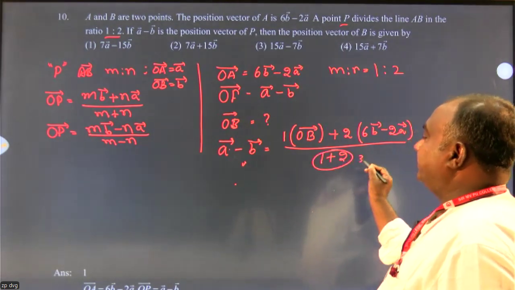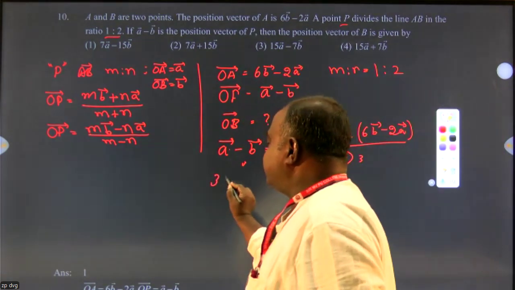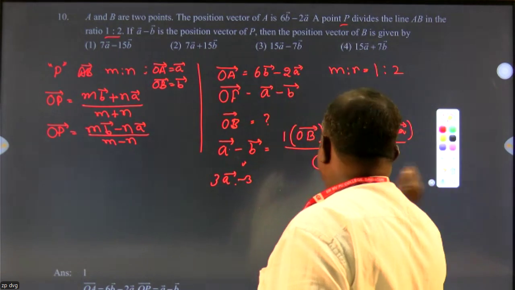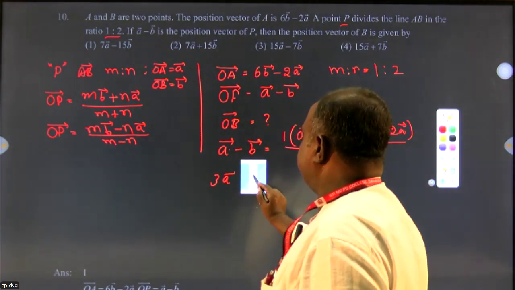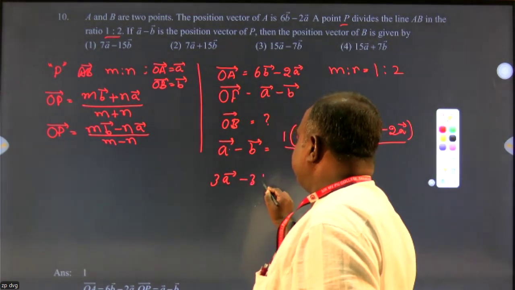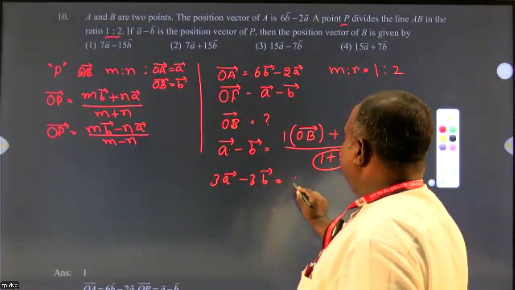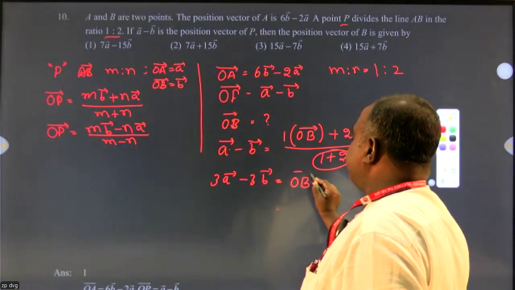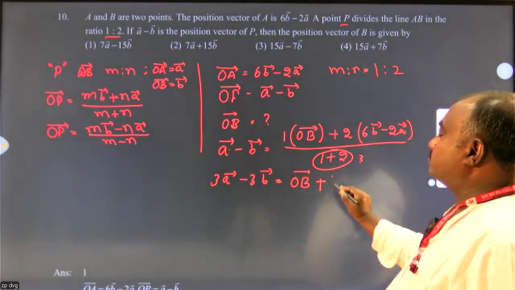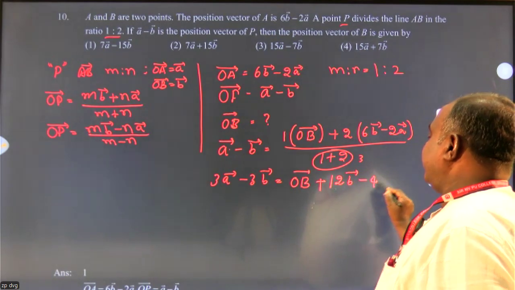Take the cross multiplication. What are you getting? This is 3A bar minus 3B bar is equal to OB bar plus, what you are getting, 2 into 6 is 12B bar, minus 4A bar.